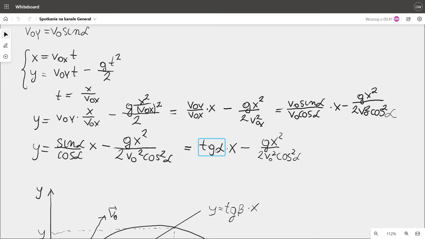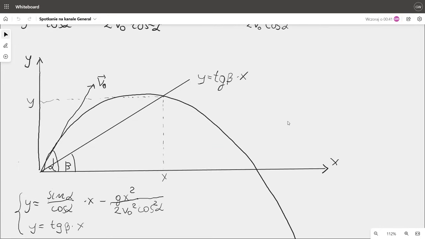Now it is enough to write equation describing the obstacle and combine these two equations to find the coordinates of the point that is part of these two lines. If the obstacle is a hill, its equation is just equation of straight line y equals ax plus b, where a is tangent beta and b is 0.